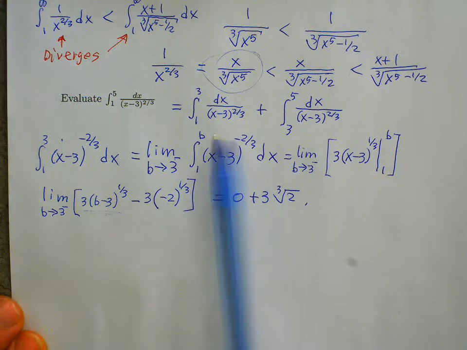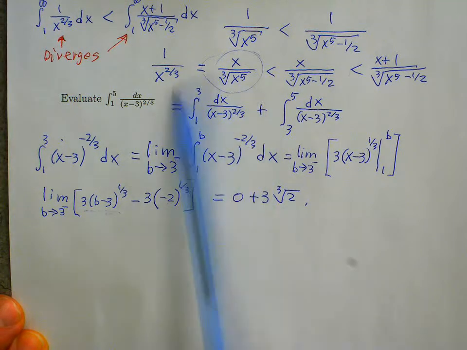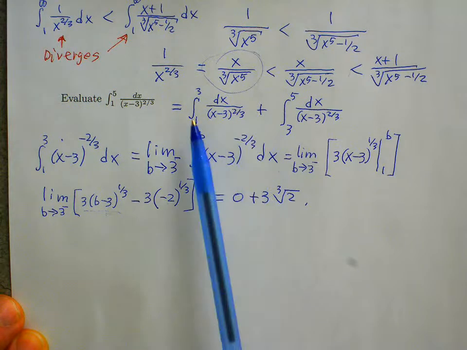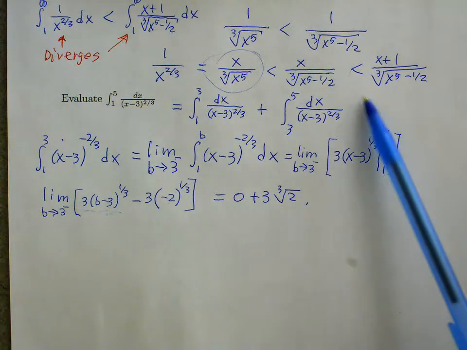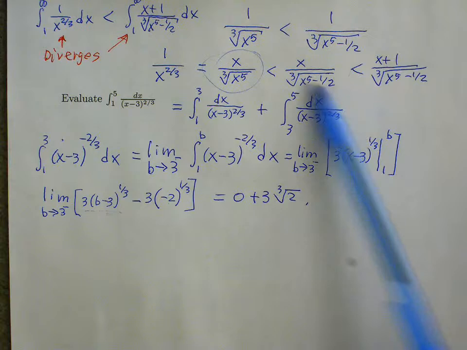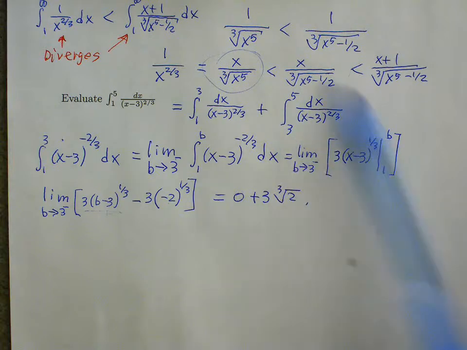So this improper integral from 1 to 3 converges to this finite number. Now we have to do the same sort of thing for the other improper integral from 3 to 5.